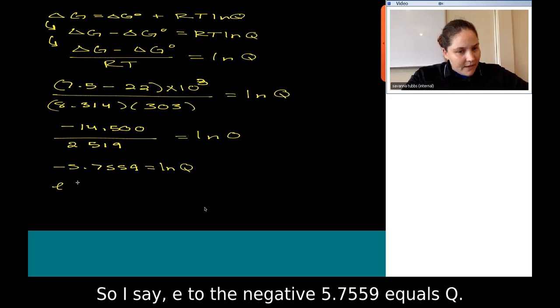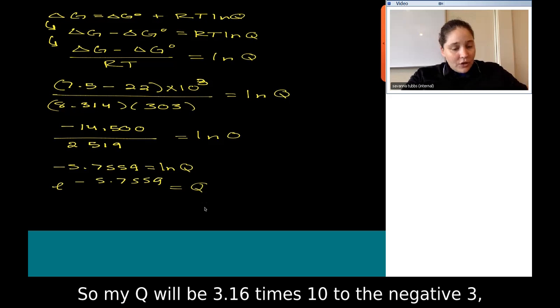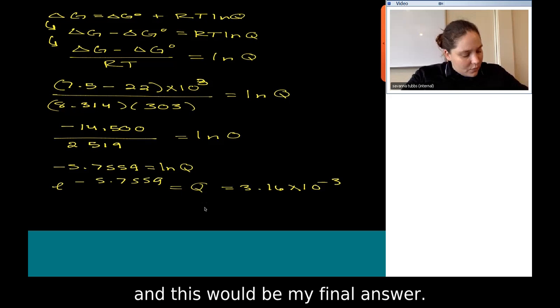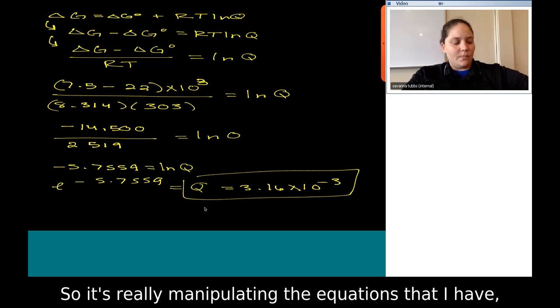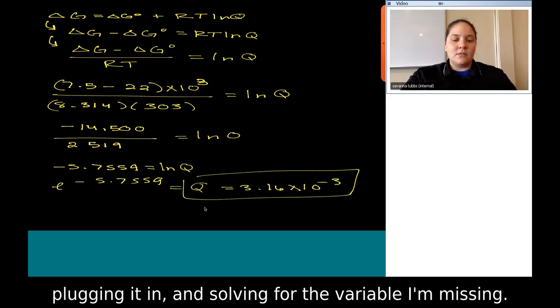So I say e to the negative 5.7559 equals Q. So my Q will be 3.16 times 10 to the negative 3. And this would be my final answer. So it's really manipulating the equations that I have, plugging it in, and solving for the variable I'm missing.